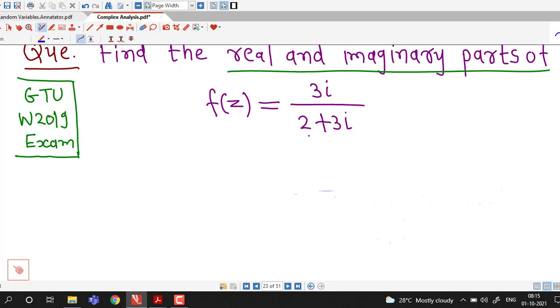So for that we concentrate on the denominator. Here the denominator is 2 plus 3i. So we multiply the numerator and denominator by the conjugate of 2 plus 3i.